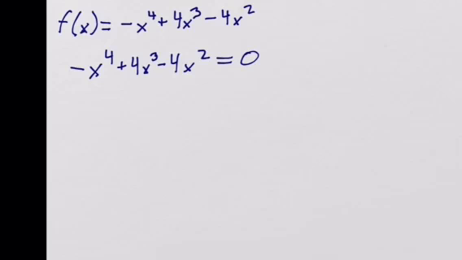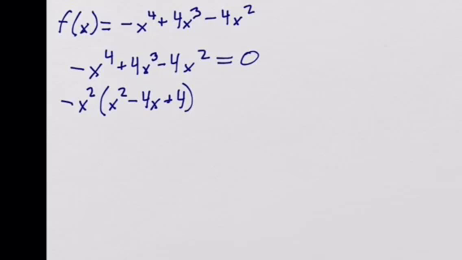So I've done that. But now I can immediately see that everything in there has a factor of x squared, although I'm going to go ahead and pull it out as a negative x squared. So we get negative x squared times x squared minus 4x plus 4.